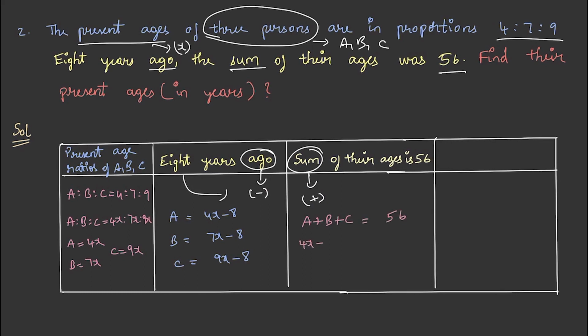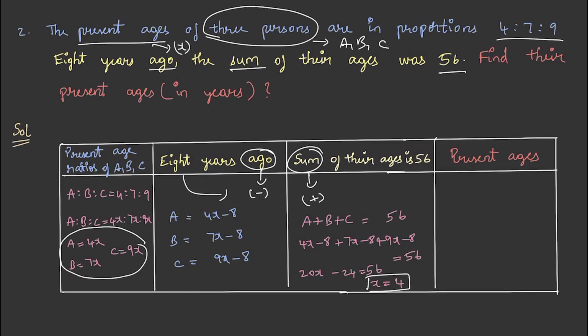Therefore, 4x minus 8 plus 7x minus 8 plus 9x minus 8 is equal to 56. 20x minus 24 is equal to 56. On simplification, you will be getting x is equal to 4. And to get the present ages, you have to substitute this value in A, B and C. And the final ages of A, B and C are 16, 28 and 36 respectively.